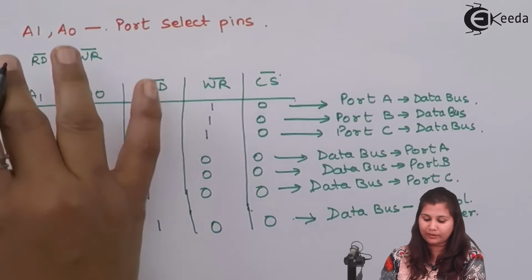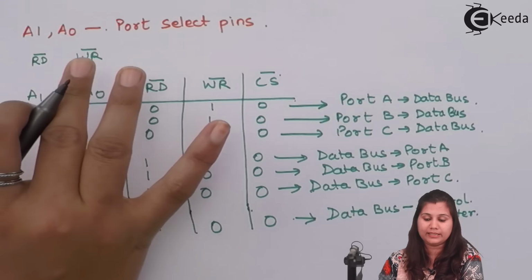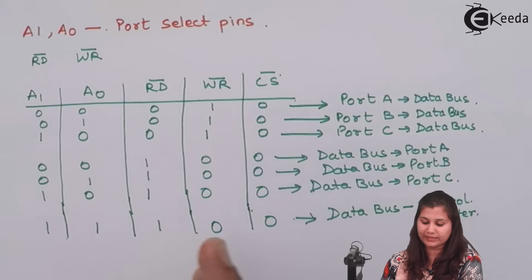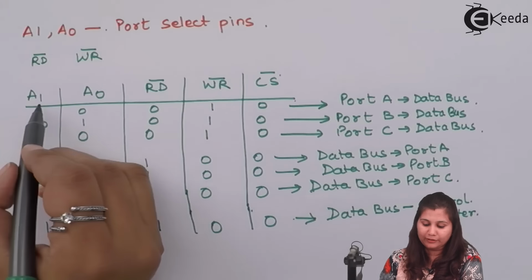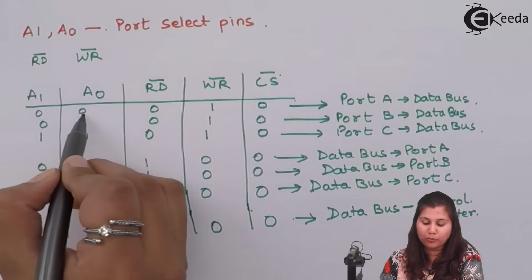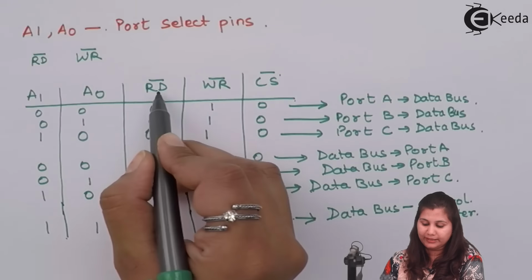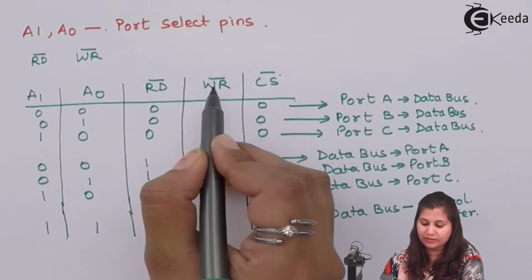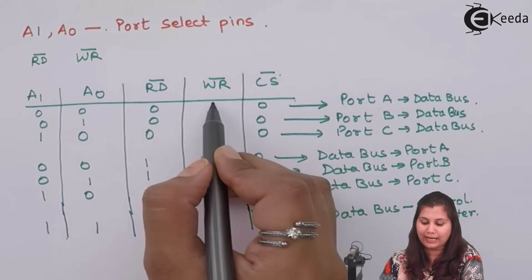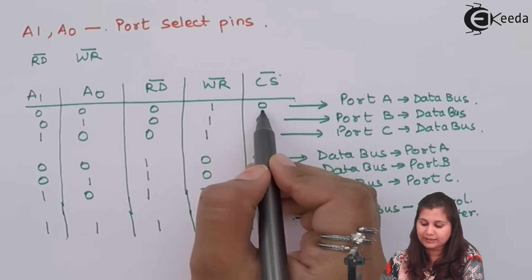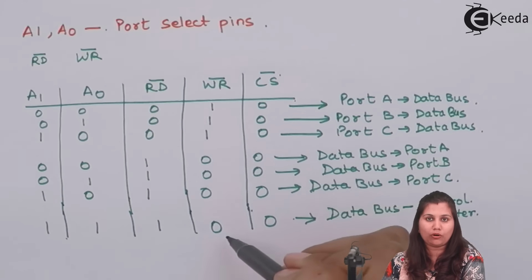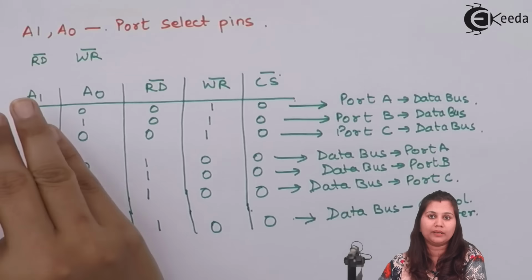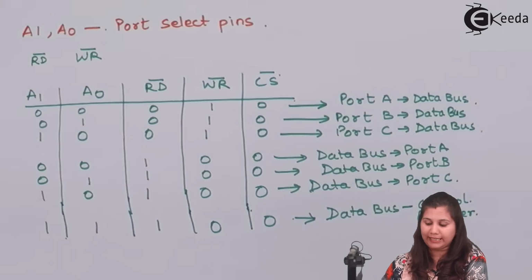As I have said, A1, A0 and read and write, these 4 pins are going to decide which port is going to be selected. So when the value of A1 and A0 both is 0 and the read pin is 0, meaning it is activated, write is 1, meaning it is not activated, and the chip select signal has to be 0 for all the operations, then only the chip 8255 will be selected.